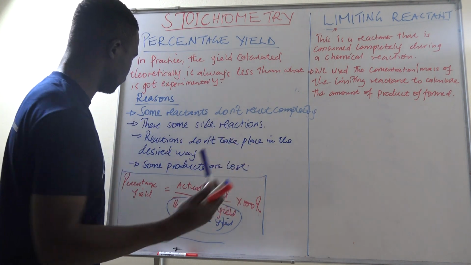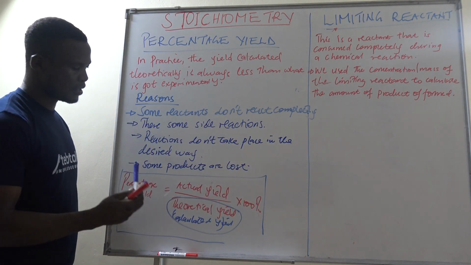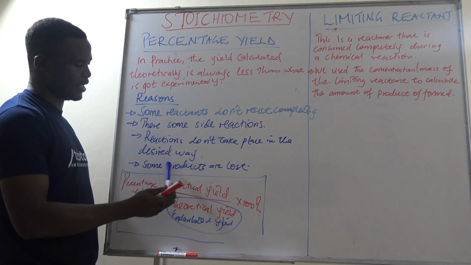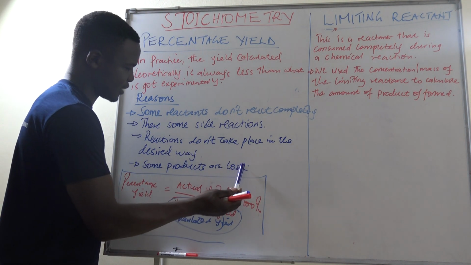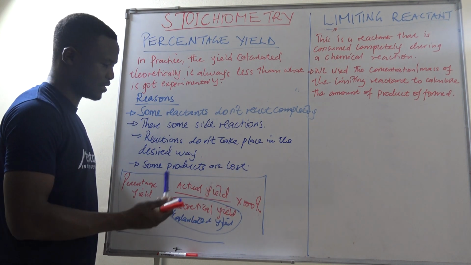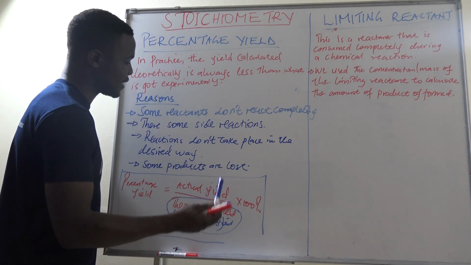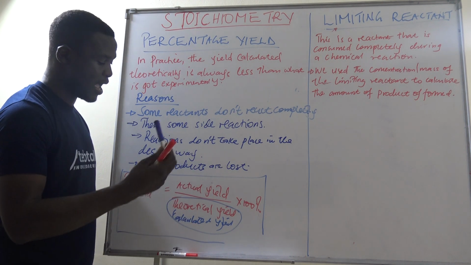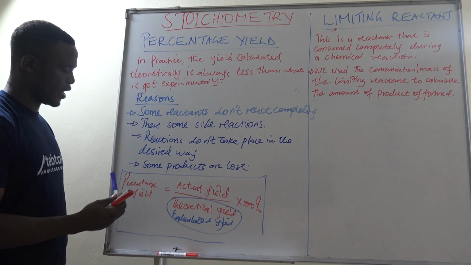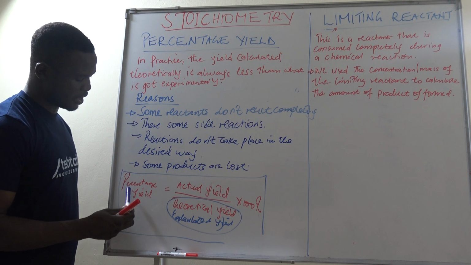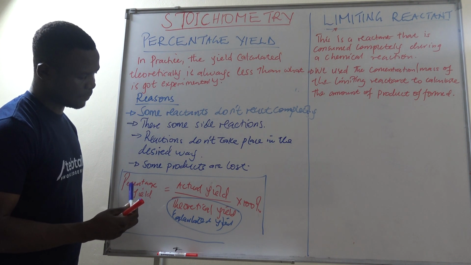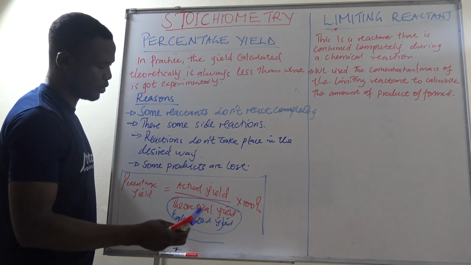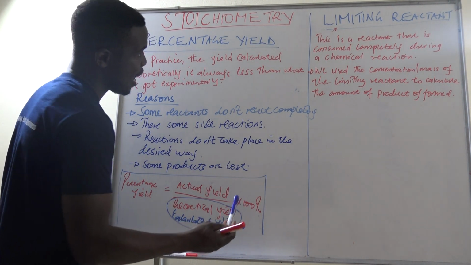At times it's not always true. Then some products are lost. For example, if we have gases being part of our products and it's not easy to contain gases, so they escape. When you're calculating how much you've yielded from the reaction, you'll get less than what was exactly given out. Then we say that percentage yield is calculated from the formula actual yield over theoretical yield times 100.